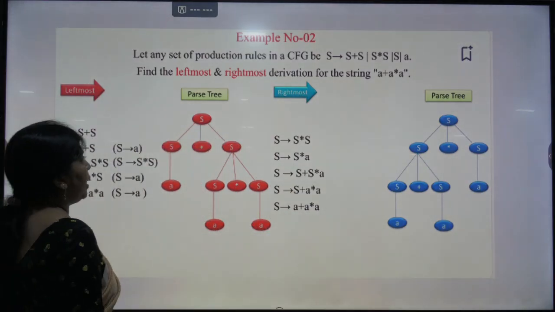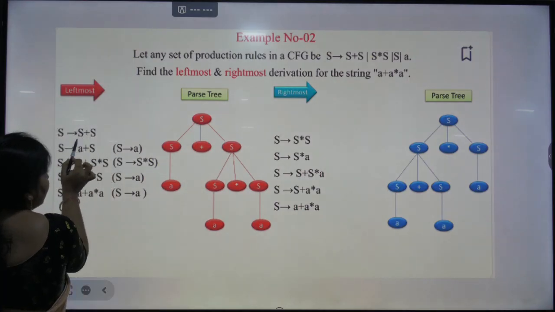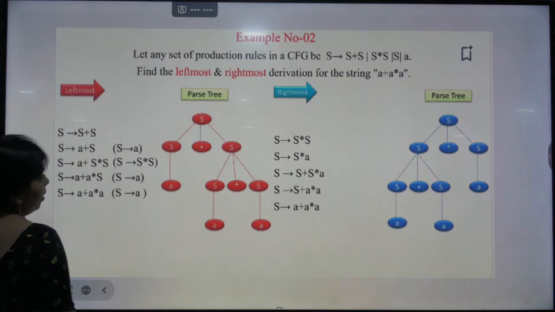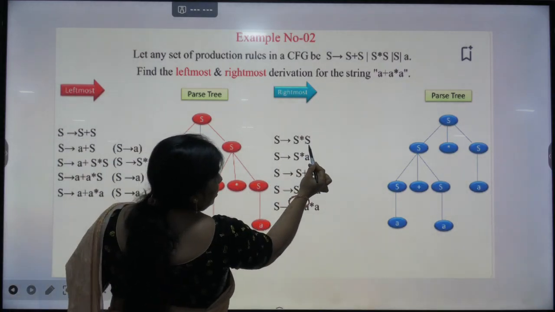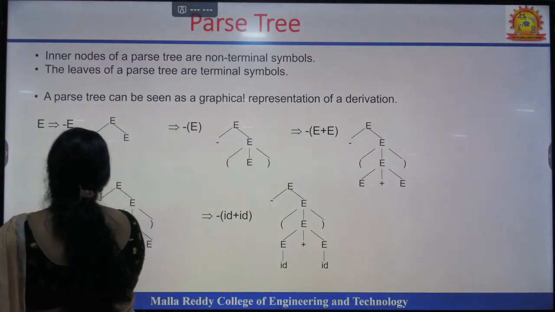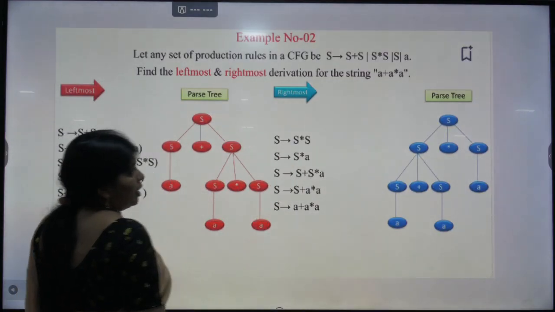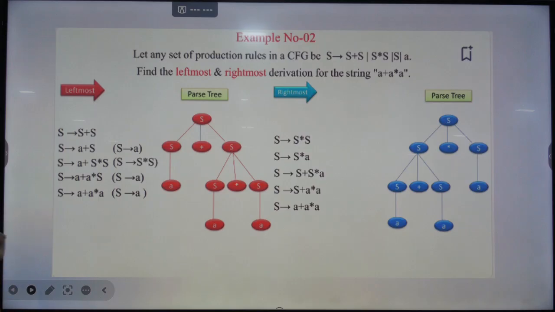See here the difference between leftmost derivation and rightmost derivation: here this S has been replaced with A, whereas here the last, rightmost non-terminal, that is the rightmost S, has been replaced with A. So that is the difference between leftmost derivation and rightmost derivation.